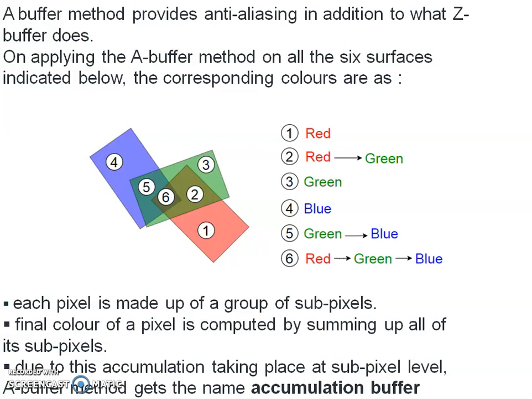On applying the A-buffer method, all the surfaces indicated in this figure are handled: the first is red, second turns red to green, third is green, fourth is blue, fifth turns green to blue, and this is a combination of red, green and blue. Each pixel is made up of a group of subpixels. The final color of a pixel is computed by summing up all its subpixels. Because this accumulation takes place at the subpixel level, it is known as the accumulation buffer.